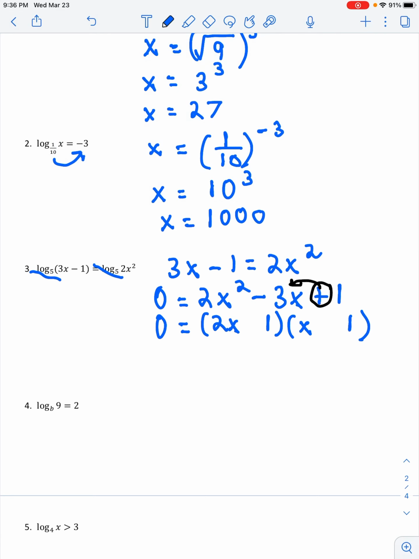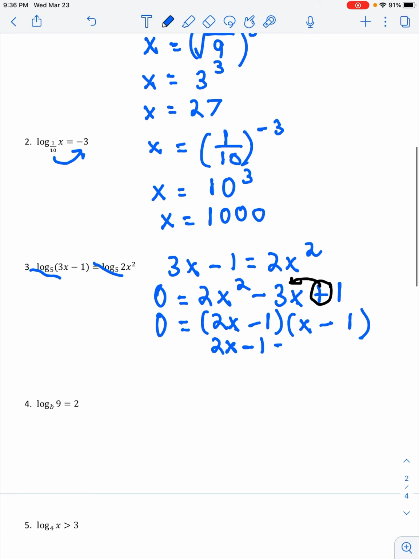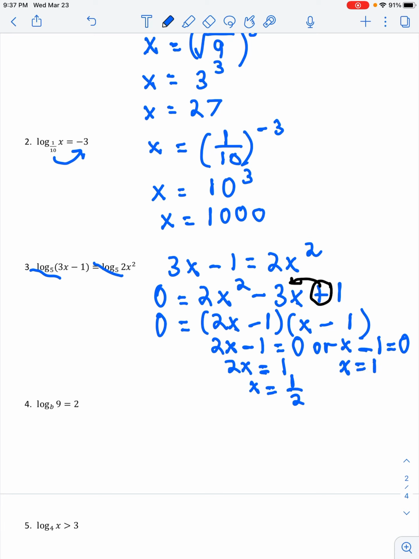And so I just have to get my signs. They're both going to need to be the same and both be negative. And when I set those factors equal to 0, which hopefully you remember this, I'm going to get 2x equals 1, which means x is 1/2. Or I'm going to get x equals 1.